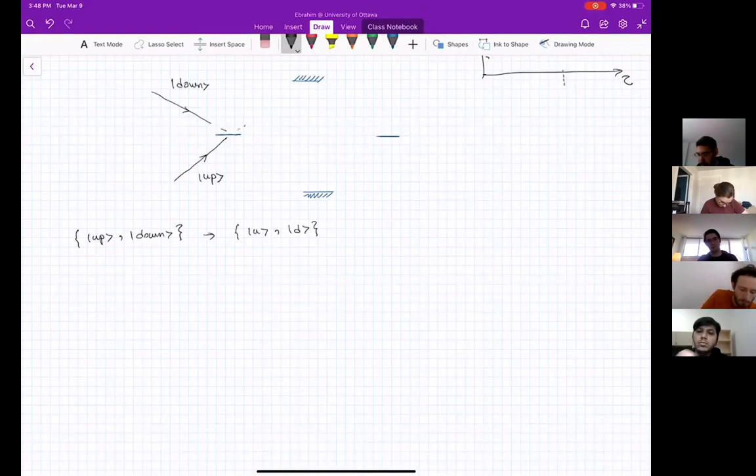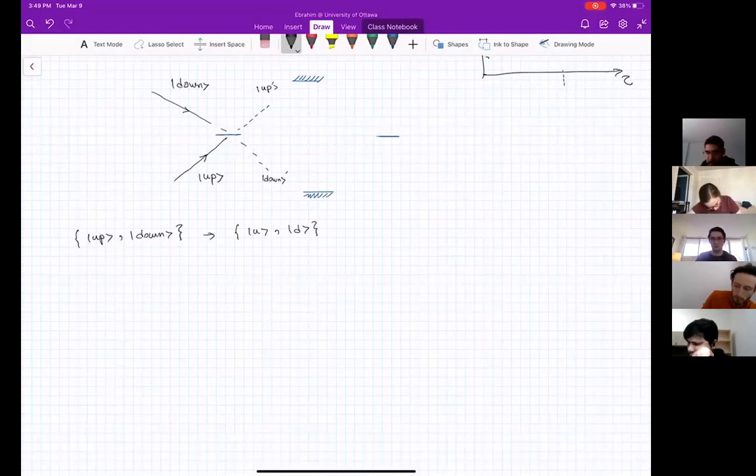So at the output of the beam splitter, what do you have? You have up prime, down prime, right? The beam goes down or the beam goes up, but there is an up prime and a down prime, or U prime and D prime.